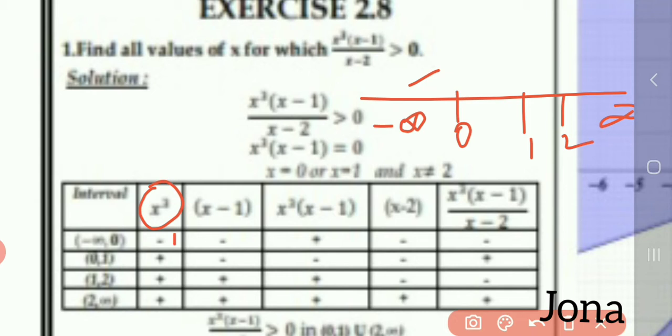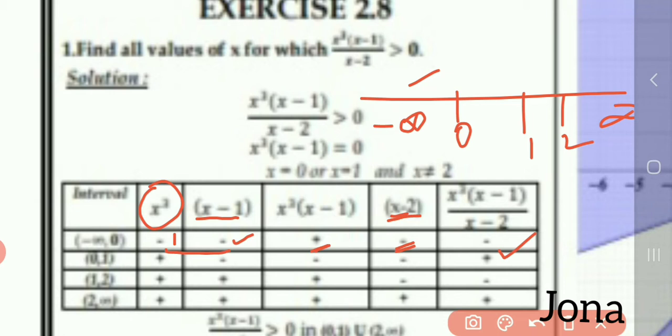Then if I substitute x equal to minus 1 in x minus 1, the value will be minus 2, it is minus. If I multiply these two things, it will be plus only. If I substitute minus 1 in x minus 2, that answer will be minus. So the final answer here, plus divided by minus, is nothing but minus.